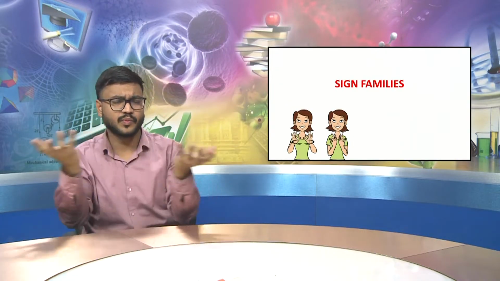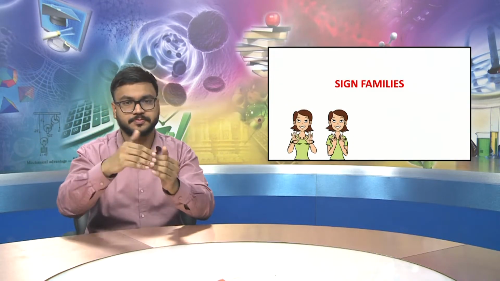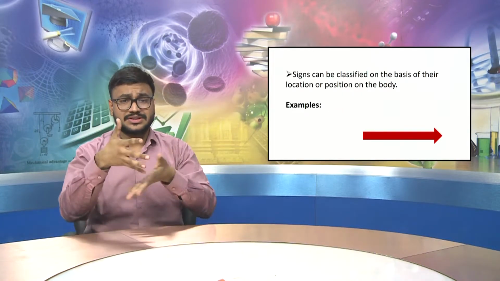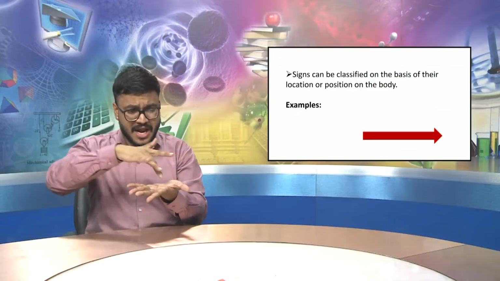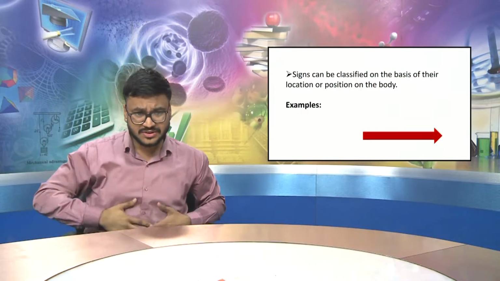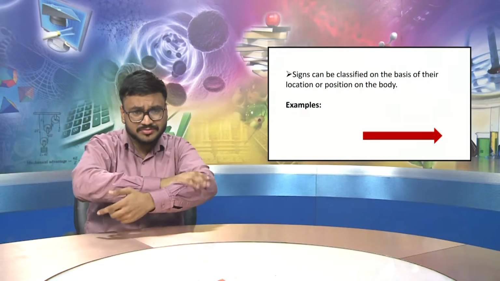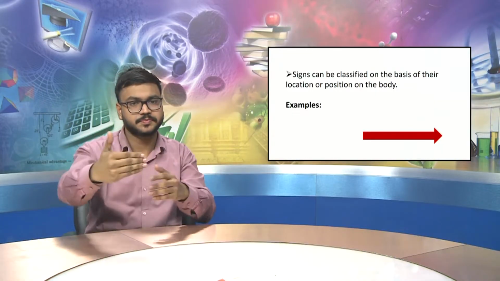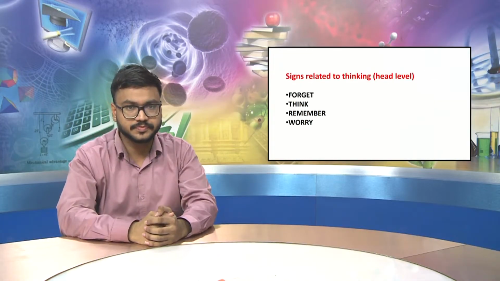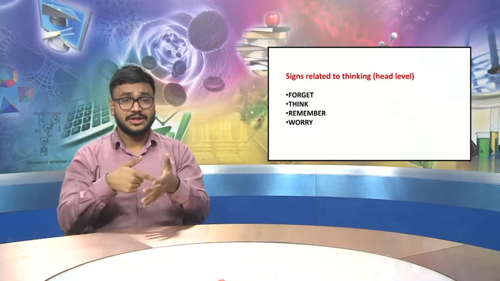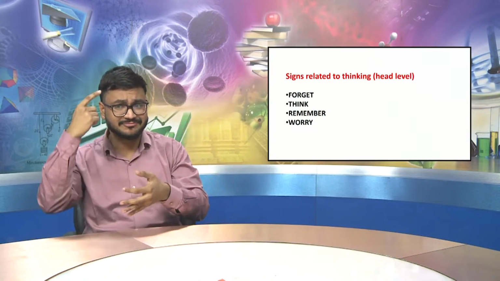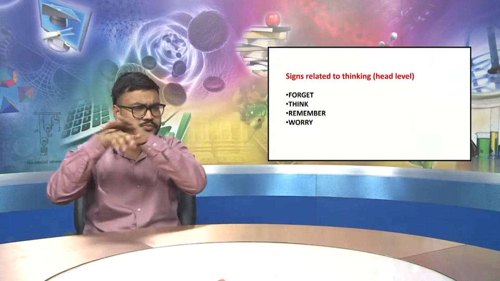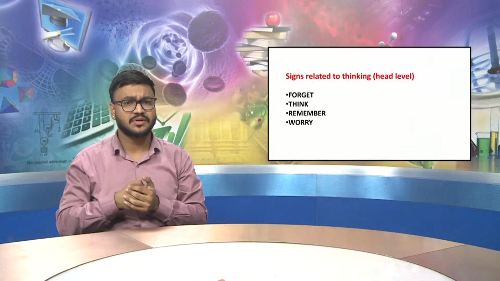Now we will look about the sign families. Signs can be classified on the basis of their location or position on the body. Examples: signs related to thinking, which location is near head level.